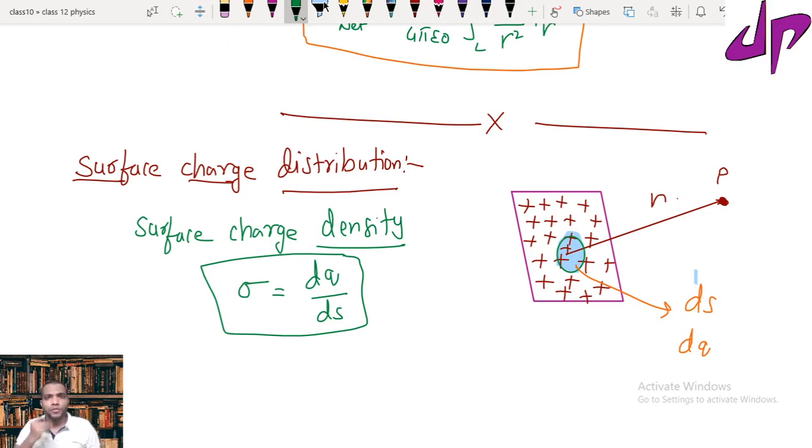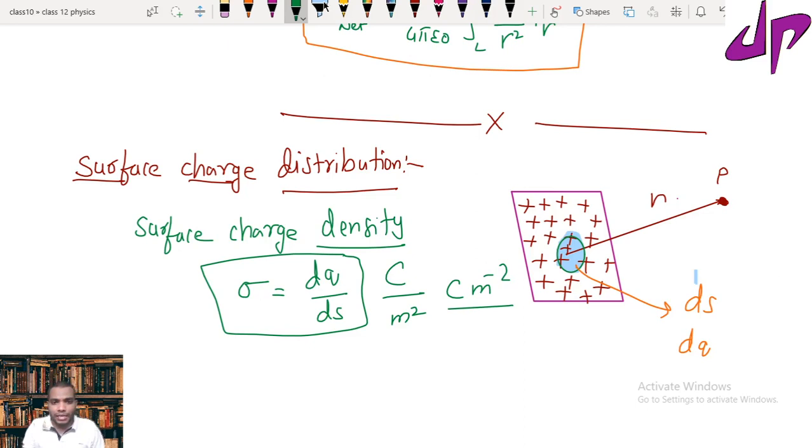So the ratio of the charge to a unit surface we define as charge per unit surface. From that expression, if you write its SI unit, charge units are coulomb and surface units are meter square, so we can write coulomb per meter square.